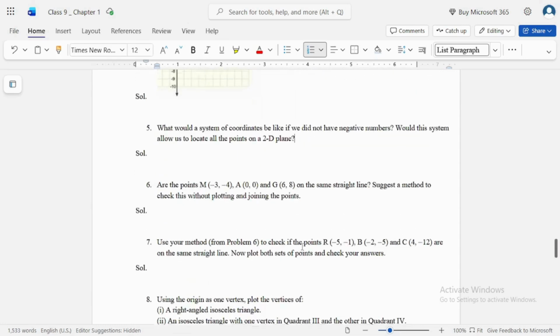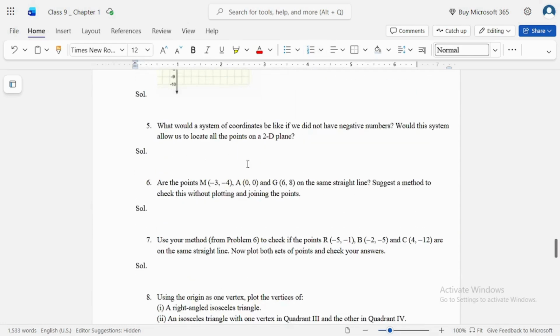Okay, so the answer to this question: if we don't have negative numbers, we won't be able to locate all points on a 2D plane.